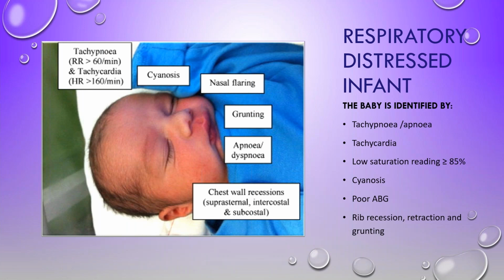So these babies present with tachypnea and/or apnea, tachycardia. They have low saturations, with a reading below 85 or thereabouts. They are cyanotic, centrally or peripherally, or both. The blood gas is poor. There is rib recession, retraction, and this grunting.